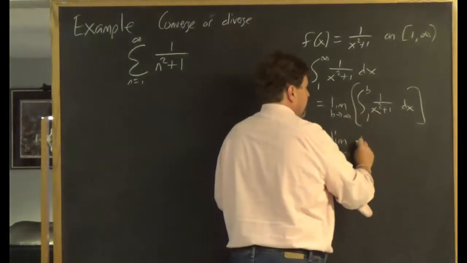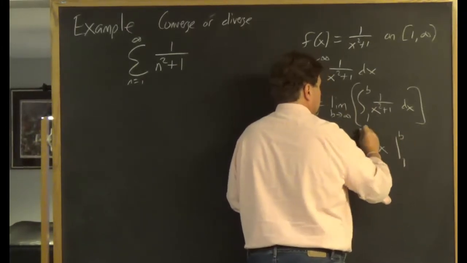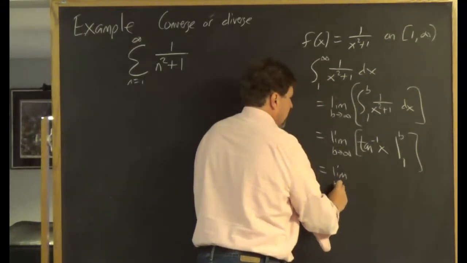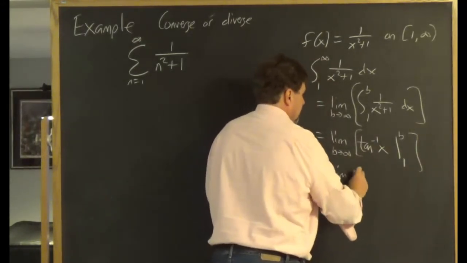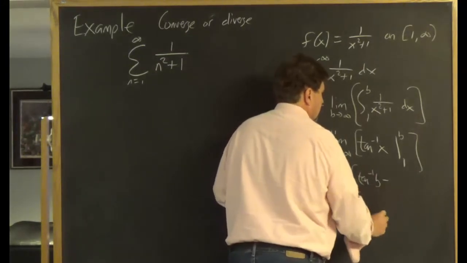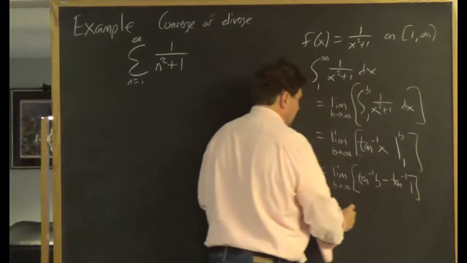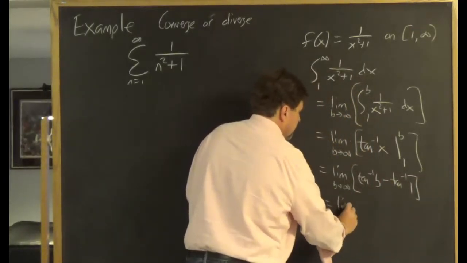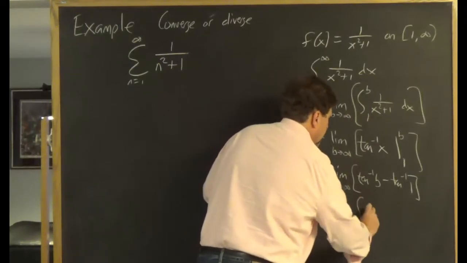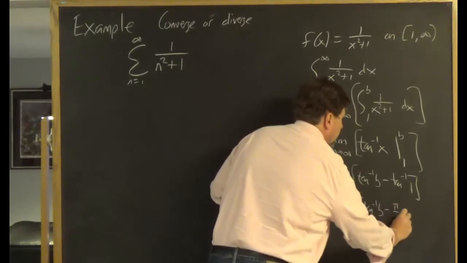That antiderivative is inverse tangent. So you have the limit as b goes to infinity of inverse tangent b minus inverse tangent of 1. And we know inverse tangent of 1 is pi over 4.